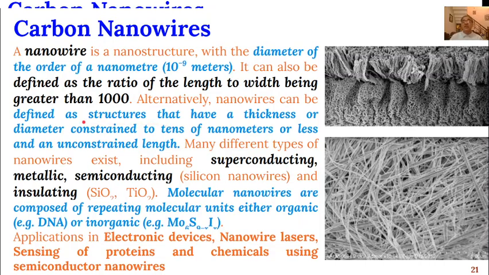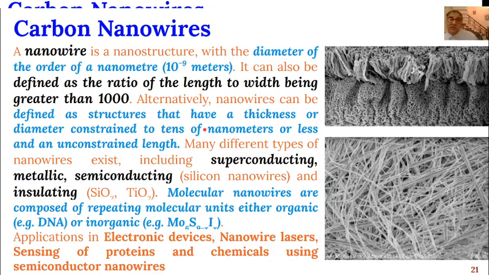Another definition of nanowires is that they are structures that have a thickness or diameter constrained to tens of nanometers or less, and an unconstrained length. Length should be high and thickness should be less than 10 nanometers.